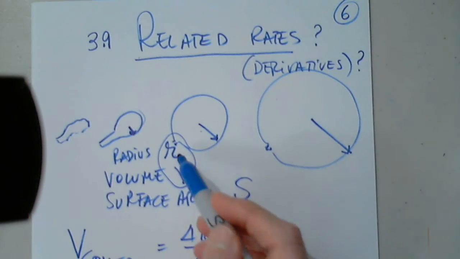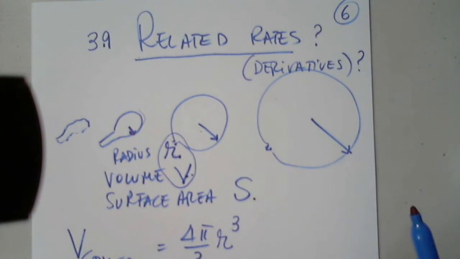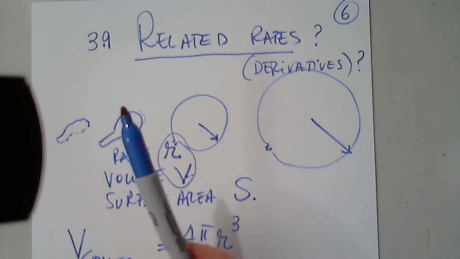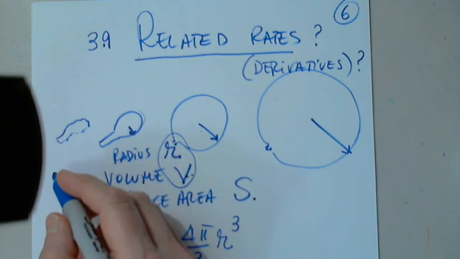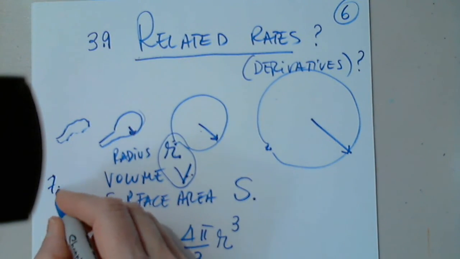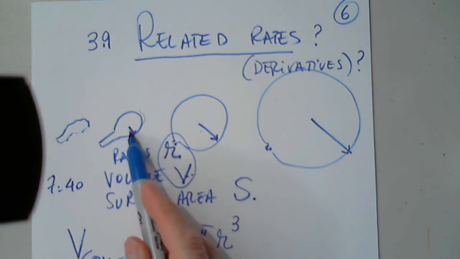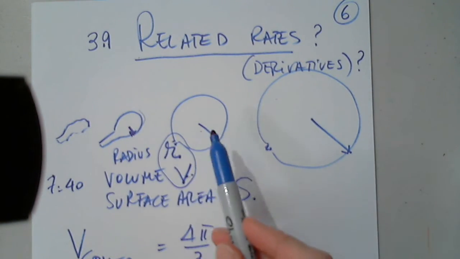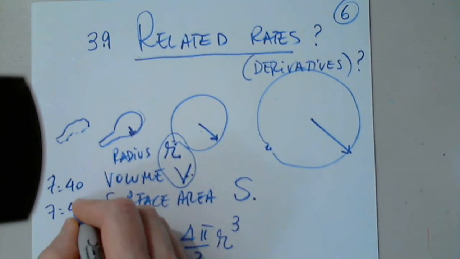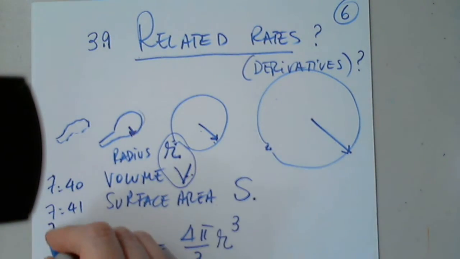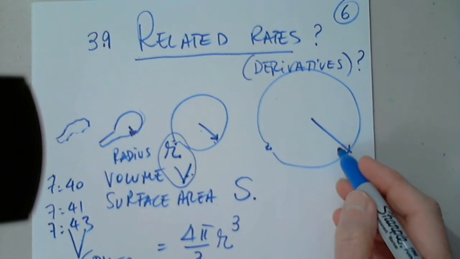So what do these depend on? This is a function, this is a function, this is a function. Why? Because it's not a fixed thing. Right now, at 7:40, the radius is this, and the volume and the surface area. At 7:41, it will be this. At 7:43, it will be this.